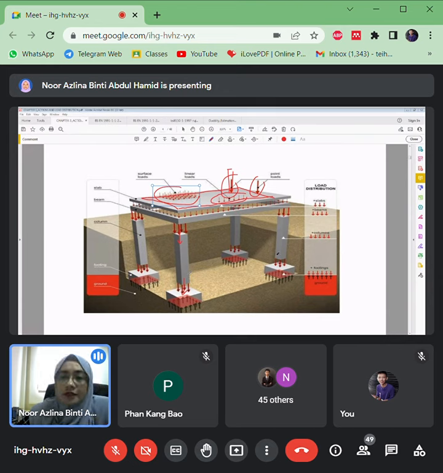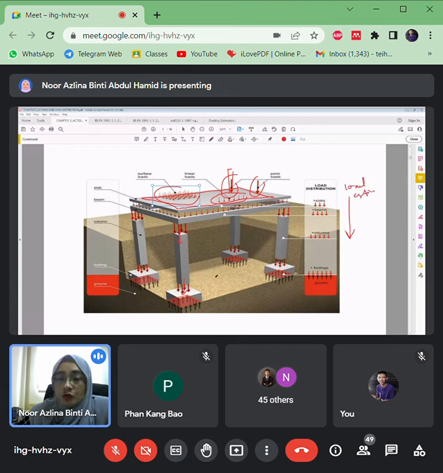If you look at here, once we do the estimations, once we do the calculation for the load distribution, we distribute it from top to bottom. Kita calculate dulu dari slab, pergi ke beams, pergi column, pergi foundation. It's from top to bottom for the load estimations.